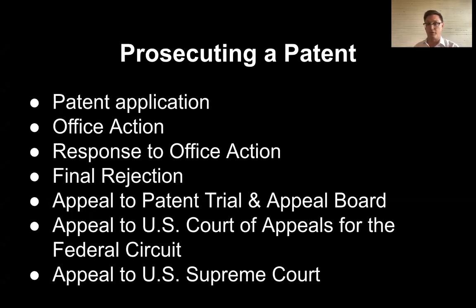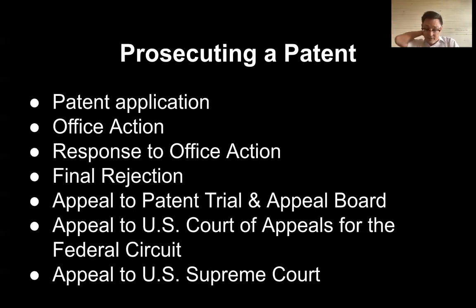The examiner will respond with correspondence indicating places where they think the application may need additional development, or pushing back on some of the patent claims, questioning whether the claims are too broad or whether they're justified by the specification. There will be a back and forth between the patent applicant and the office, and either the patent will be issued, which frequently happens, or will ultimately be denied. It will be rejected by the patent office.